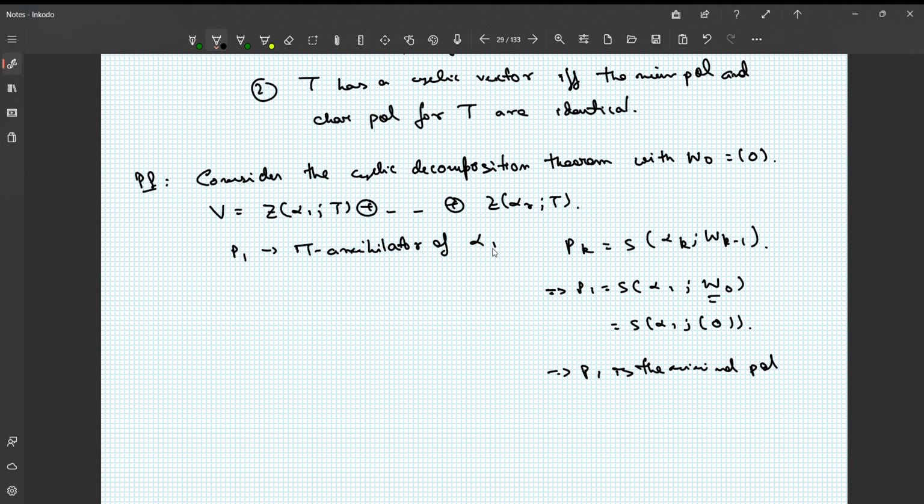What was the definition of the minimal polynomial? The definition was precisely that P of T is identically 0. And we have quite achieved that fact from here. Clear?